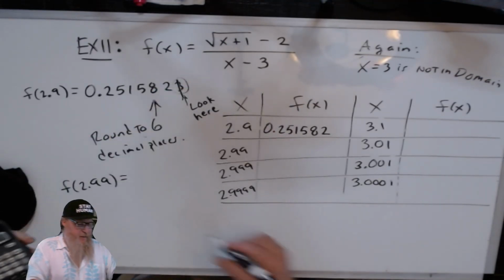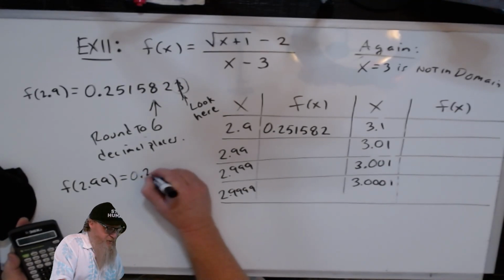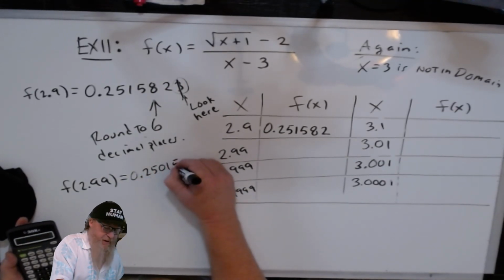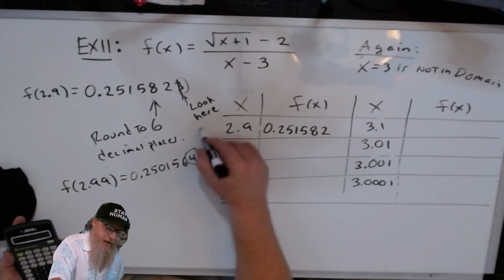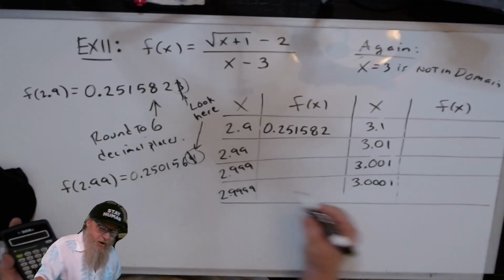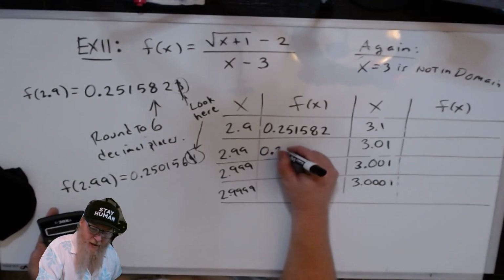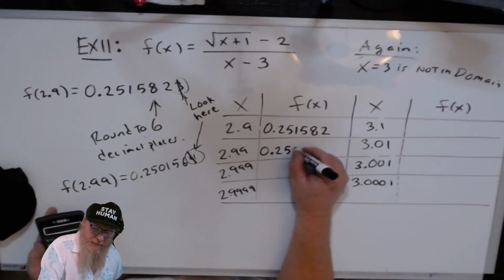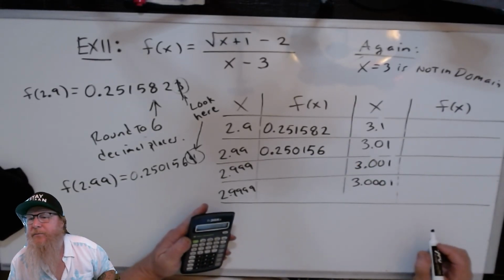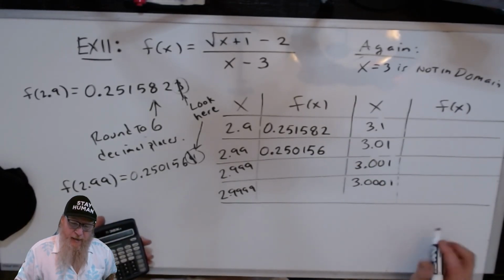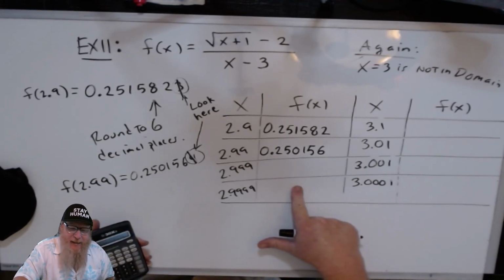So we're going to get 0.2501564. 1, 2, 3, 4, 5, 6 to look here. Again, that number is smaller than 5, so we're going to throw it away. It's called truncating. Can you see the pattern? I don't.